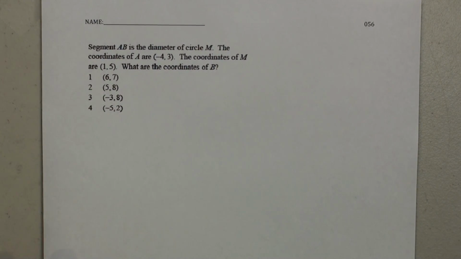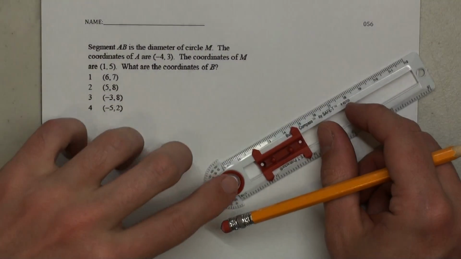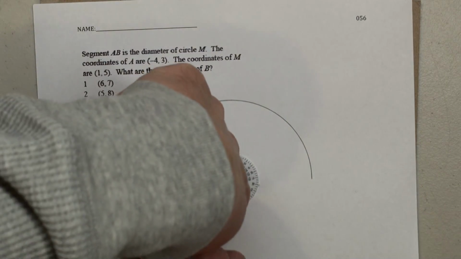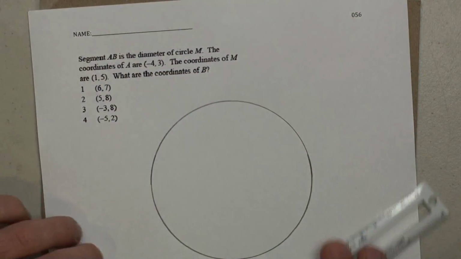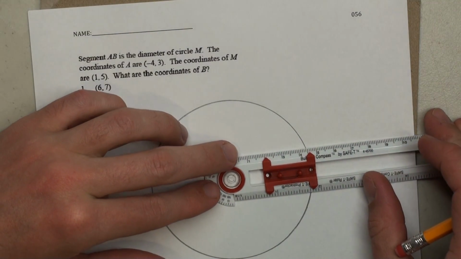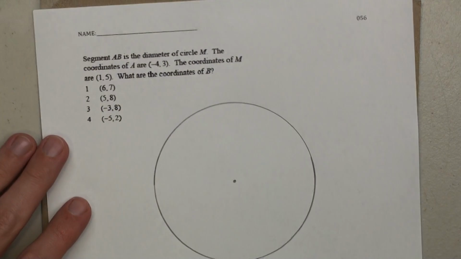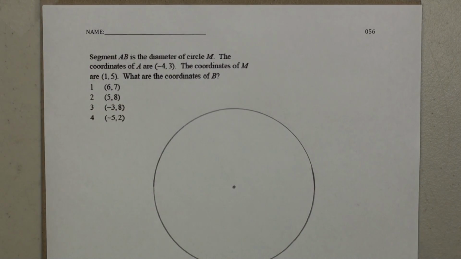Okay, so I have circle M. I'm just going to draw a circle. Okay. Segment AB is the diameter of circle M. The coordinates of A are negative 4 comma 3, and M is 1 comma 5.